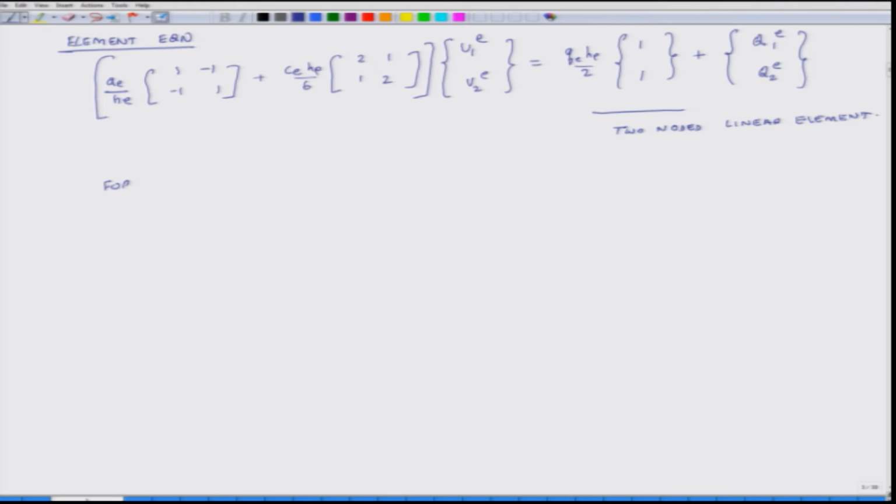So, if we had a quadratic element, I would have an element like this. So, this is node 1, this is node 2, this is node 3, right?